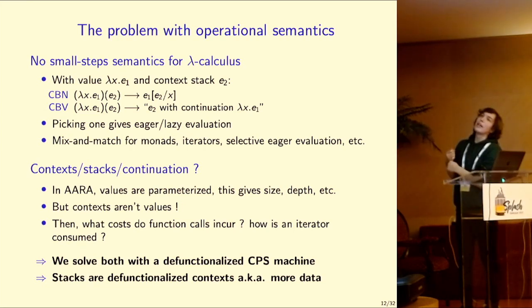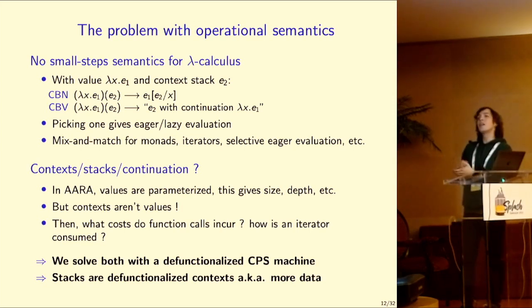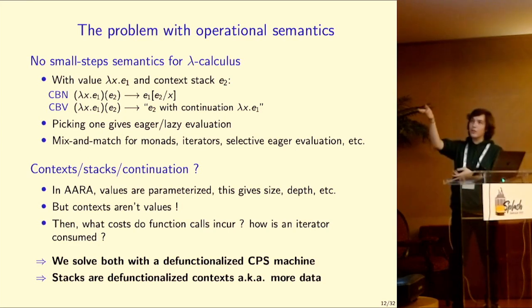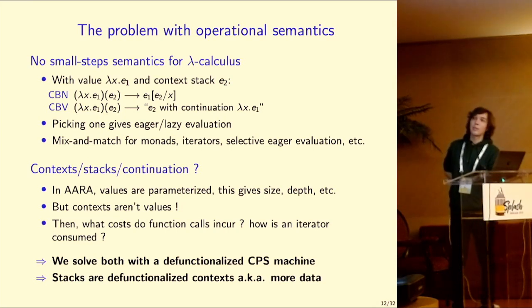And if we pick one of those systematically, we can get eager versus lazy evaluations, but we'd like to be able to mix and match those evaluations to get some lazy monadic computations, to work with some iterators, to cover a larger body of functional algorithms in our programs.